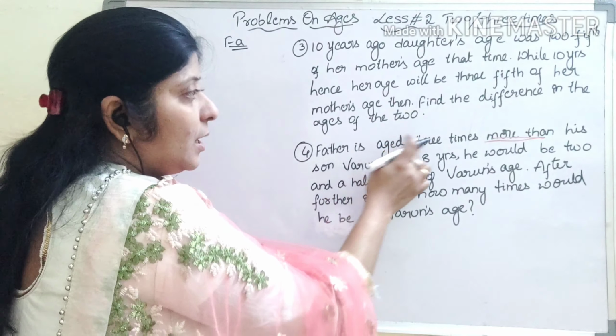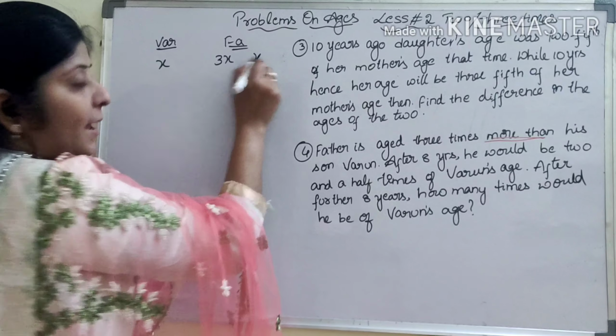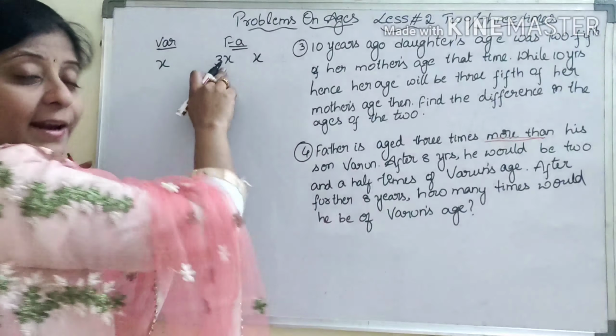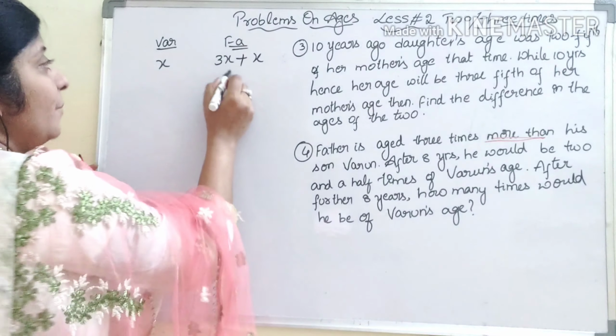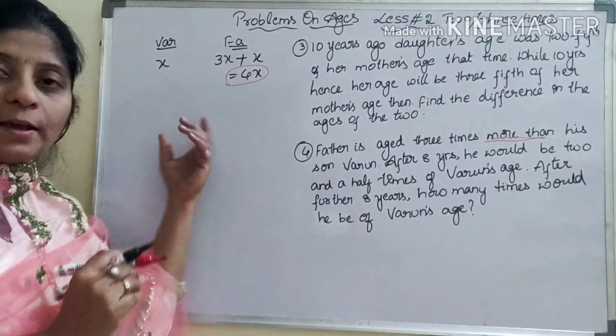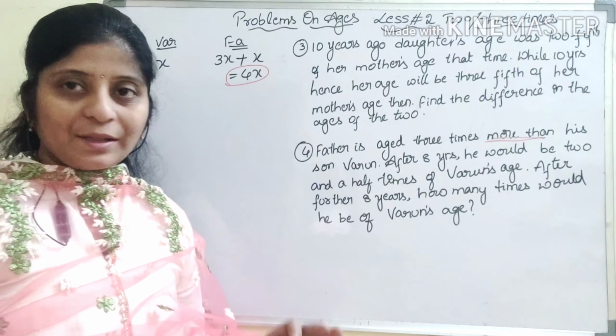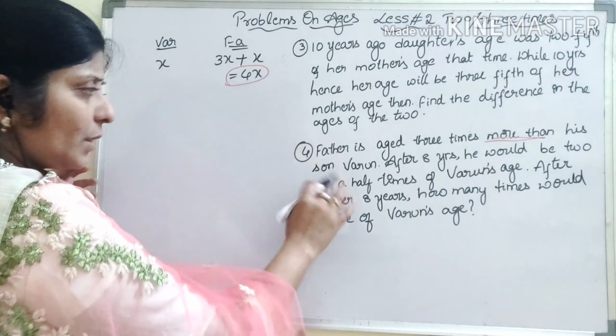Father is aged 3 times of Varun age more than his son Varun. Varun age will be x and 3 times more than nothing but 3x more than, he is saying that we have to add. So father age will be 4x. Be aware of here. So don't do any mistakes in more than term problems.